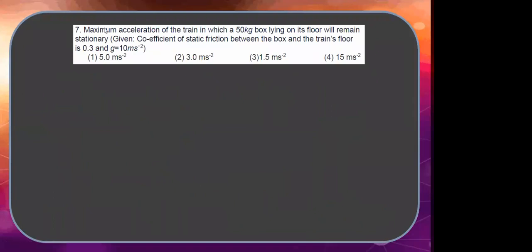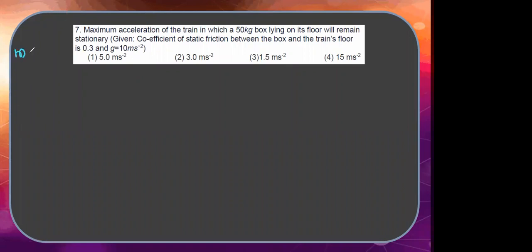Next problem. Maximum acceleration of a train in which a 50 kg box is lying on its floor will remain stationary if the coefficient of static friction between the box and the train floor is 0.3. Acceleration due to gravity is 10 meters per second square. What is the given data?